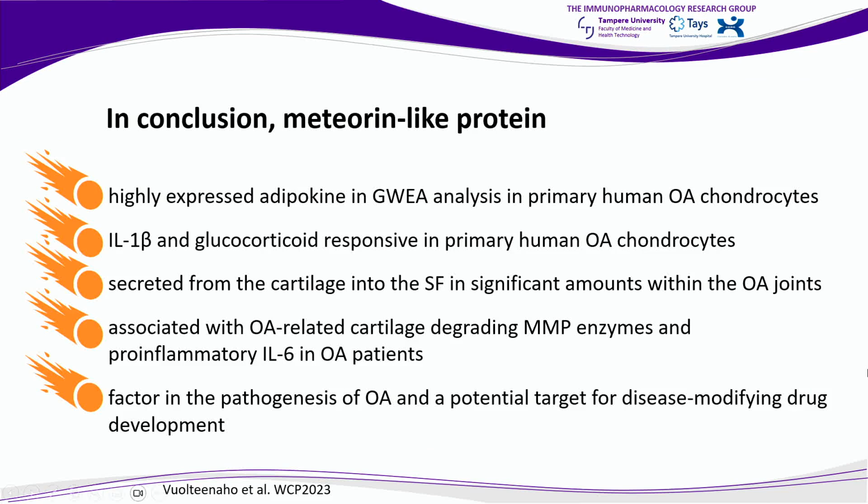So, in conclusion, we hypothesized that chondrocytes, as mesenchymal-originated cells, kind of like adipocytes, could produce adipokines within the cartilage. In this study, we could show that they are highly expressed adipokines in genome-wide expression analysis in these primary human OA chondrocytes.